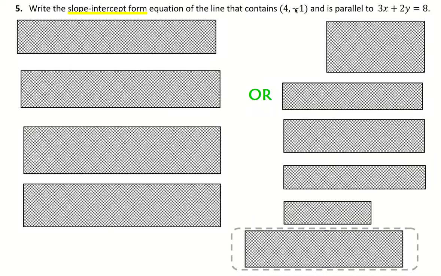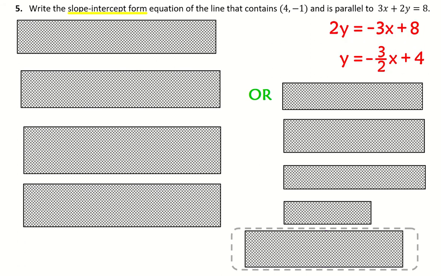Oh, it would have been so nice if they would have given us the slope also. But wait a minute, they kind of sort of did. When they say that your line is to be parallel to this other line from this equation, they are basically giving you m. You just got to do a little bit of work, okay?